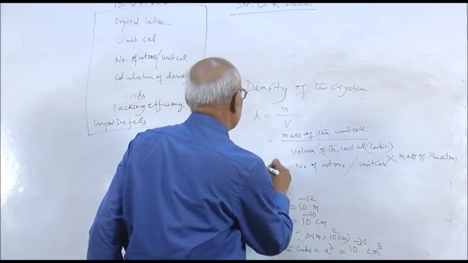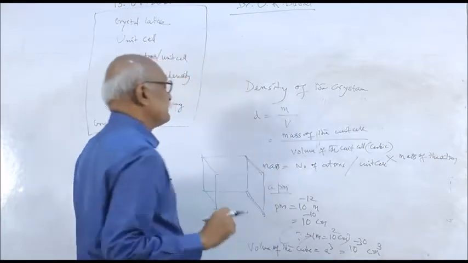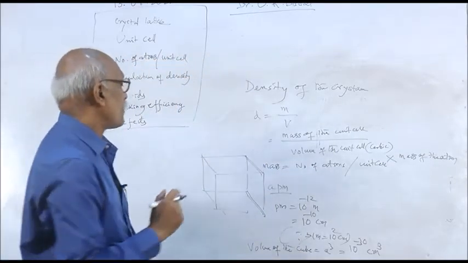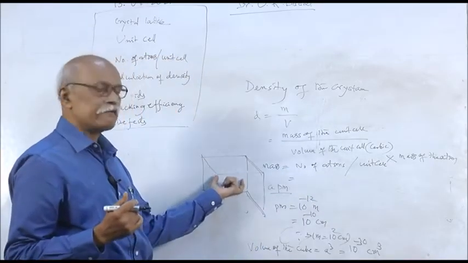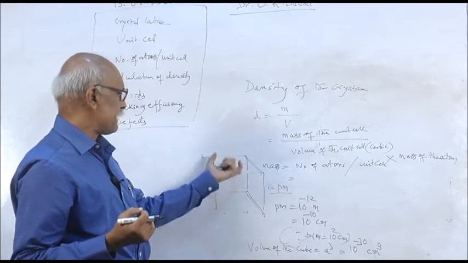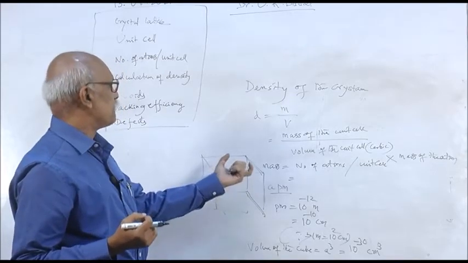Let us calculate the mass. Mass is equal to the number of atoms, which will vary. If it is simple primitive cubic, it is 1. If it is face centered, it is 4. If it is body centered, it is 2.